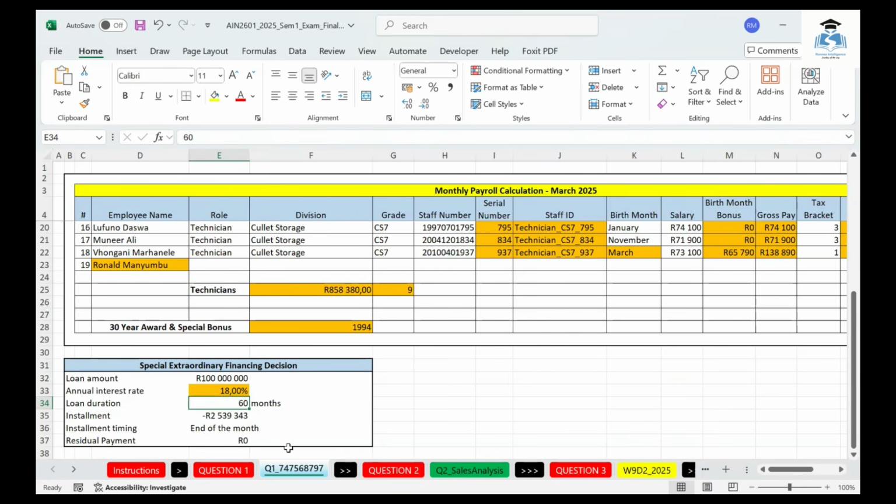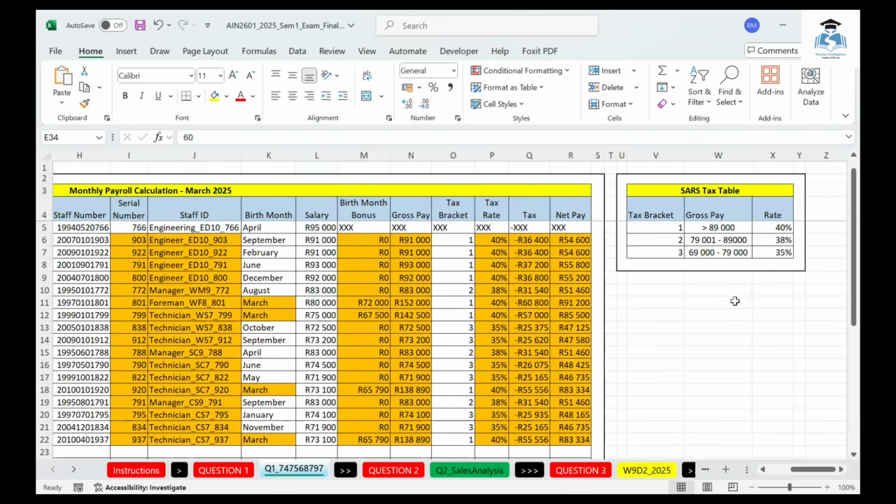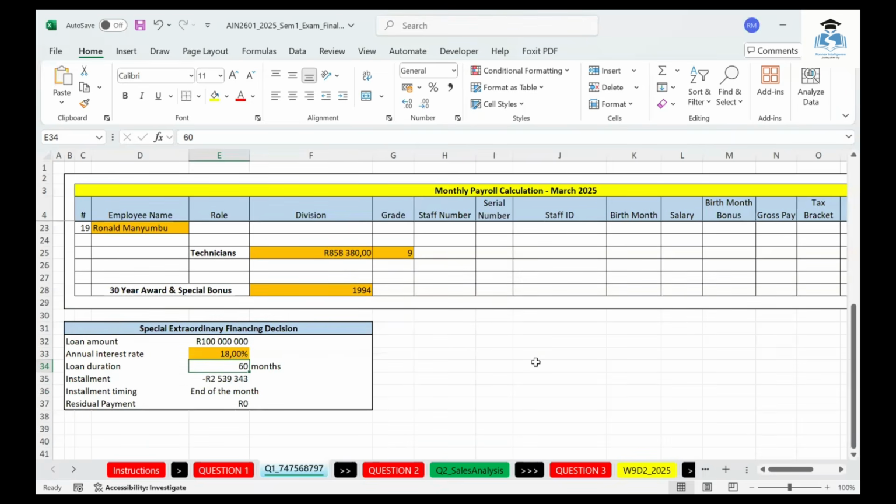But once you have mastered all these functions, you'll be able to do it in a faster way. So 30 marks, you score your 30 marks by doing this. Any questions?